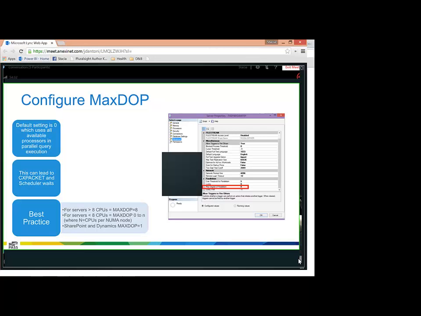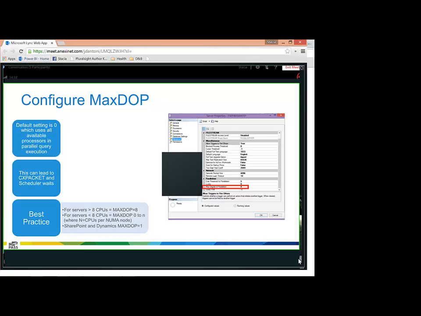The typical best practice that I see is for servers with more than 8 CPUs, set MAXDOP to 8. And for servers with fewer than 8 CPUs, set MAXDOP 0 to n, where n is the number of CPUs per NUMA node. If you're not familiar with NUMA, it stands for non-uniform memory architecture. And most servers we work on now, and probably since about 2008 or so, are NUMA architected.